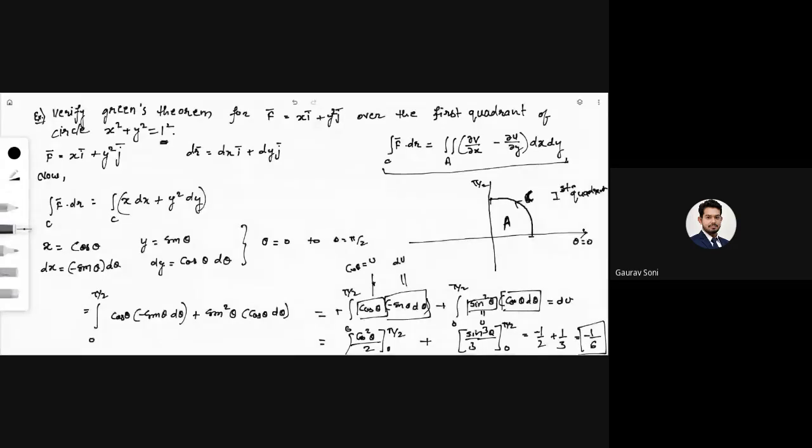If you haven't understood the integration, take 2 minutes. Take a rough page, put the values and find out the integration properly. So I'll write this properly over here, as I will be starting the double integral now. The integral over C of f bar dot dr bar is equal to minus 1 by 6.